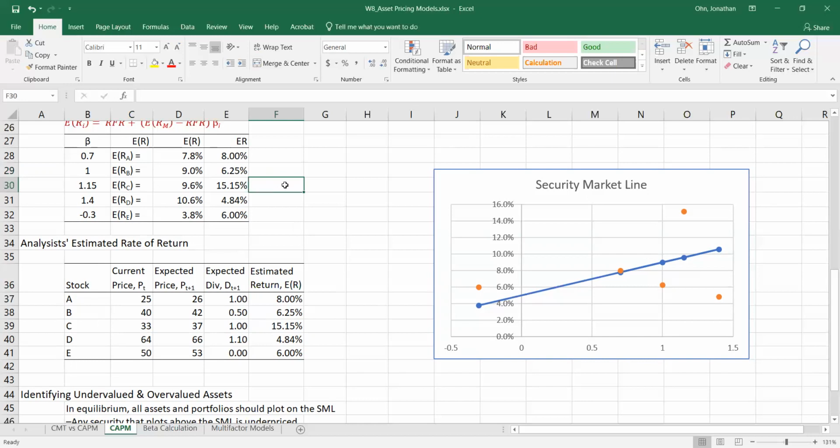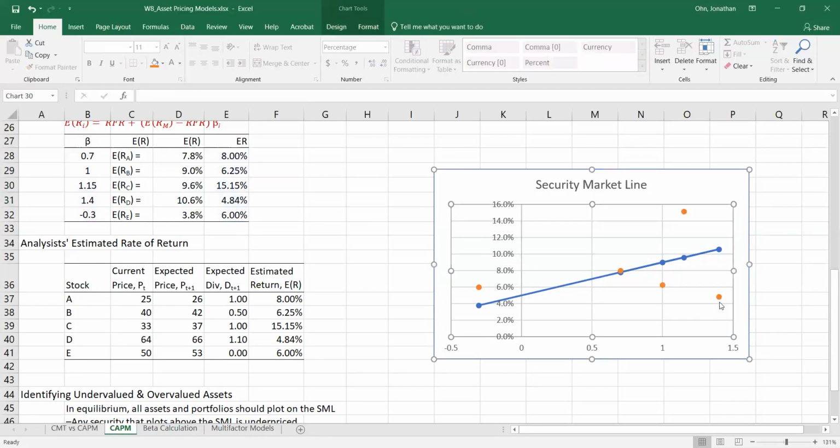Now, stock C, 1.15, is located in here. So what do you say? It is highly underpriced, so this is a good investment. And stock D, look at this. This is the CAPM return and this is the estimated return. So it is a bad investment because it is overvalued.